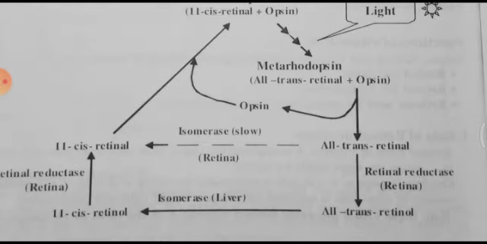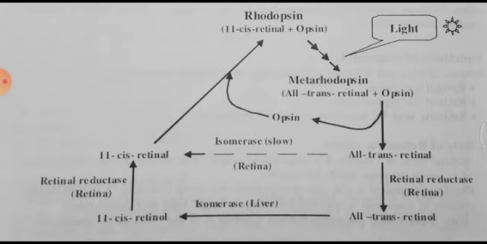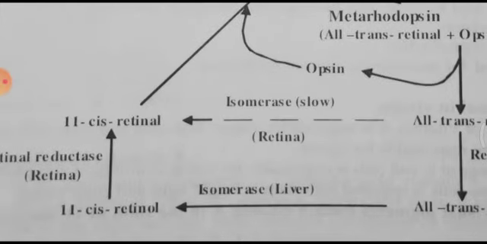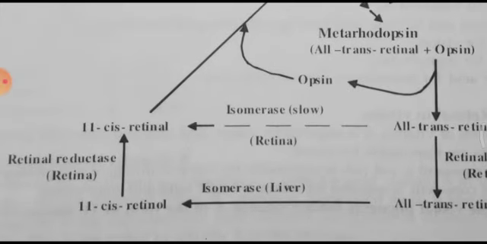This all-trans retinol is transported from the eye to the liver, and in the liver it is converted to 11-cis retinol. This 11-cis retinol is also converted to the 11-cis retinal aldehyde form. OL is the alcohol form, AL is the aldehyde form, by retinol reductase.